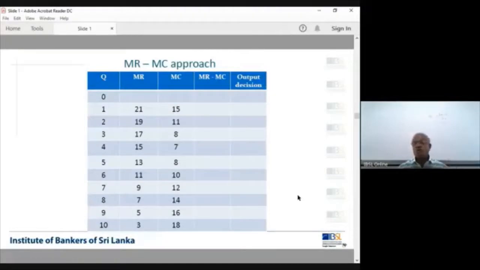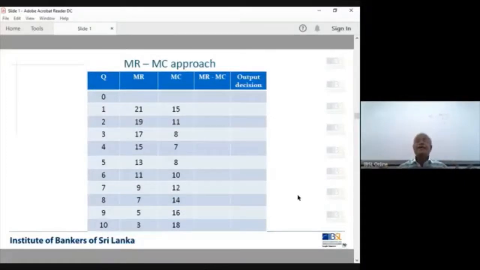Increase the output to the point where MR equals MC. That output is called the profit maximizing output.